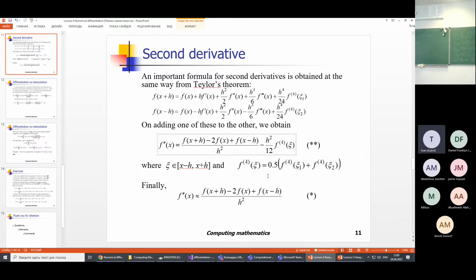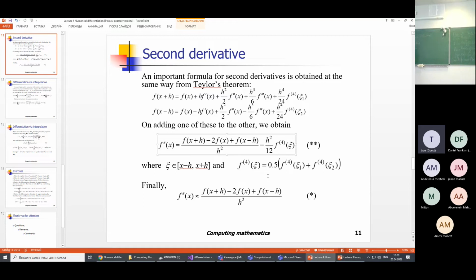For example, if we consider the integral from 1 to 2 of x dx, so x is small f of x.